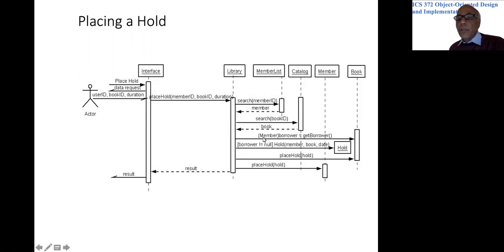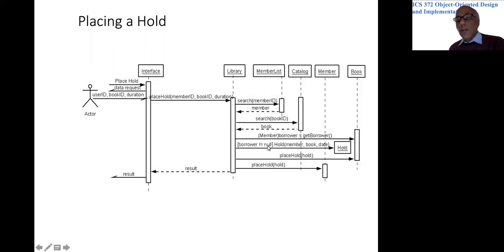And we need to verify that there is a borrower for the book. So after getting the book object from the catalog, we get the borrower object for that book. If the borrower is null, it means that the book has not been issued. We cannot put a hold on it.